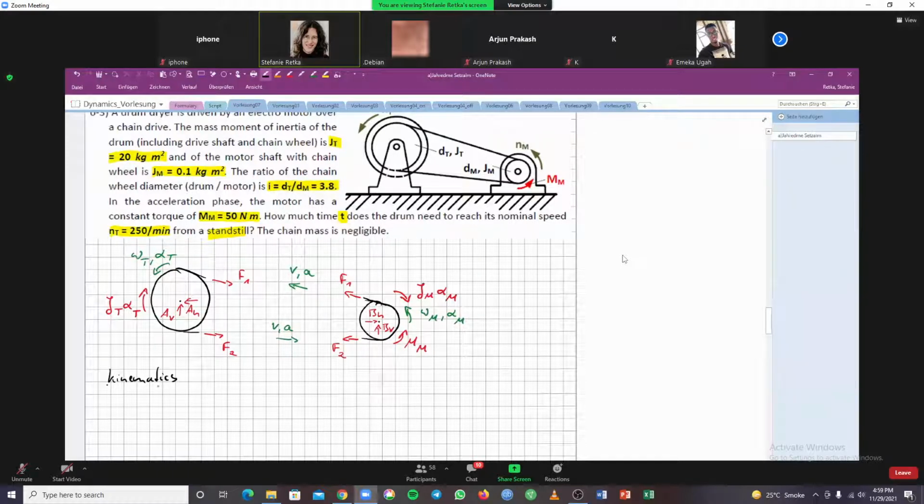Okay, Professor, I have a question. Yes. If we are not interested in the support reaction, why do we have to show it in the free body diagram? Because they are there. We cannot neglect them. I'm also not interested in the tension in the chain, but I do have to consider them. Otherwise, my system would not be complete. Okay, just for the sake of completeness, that is.